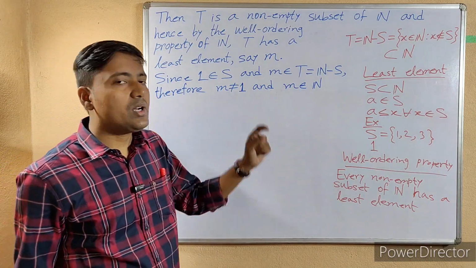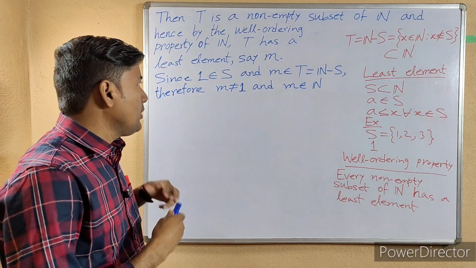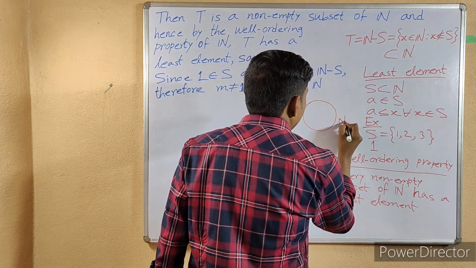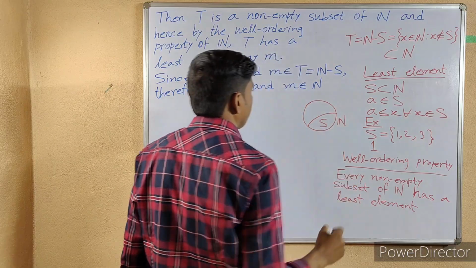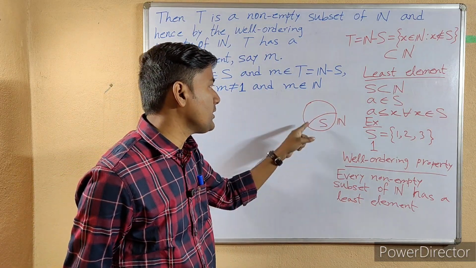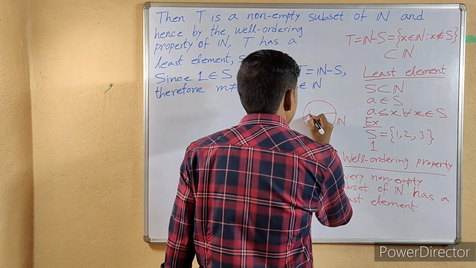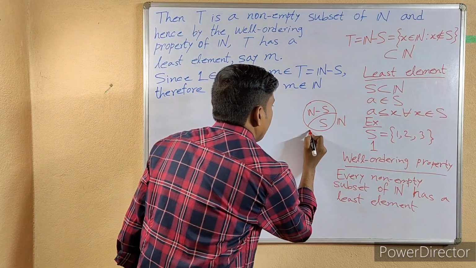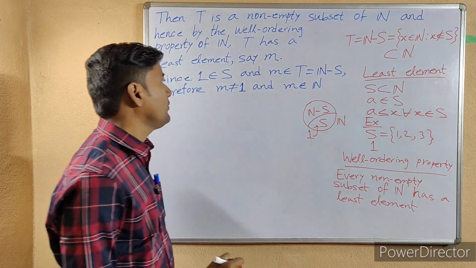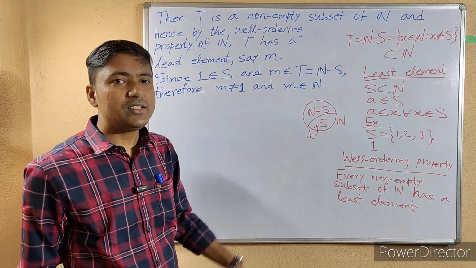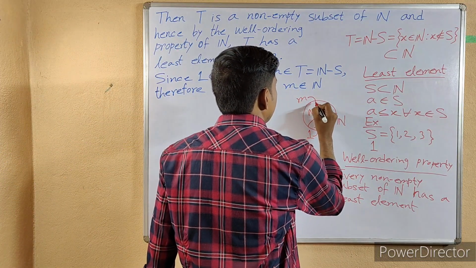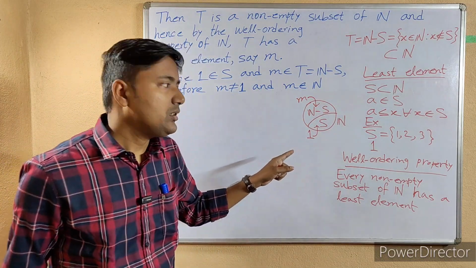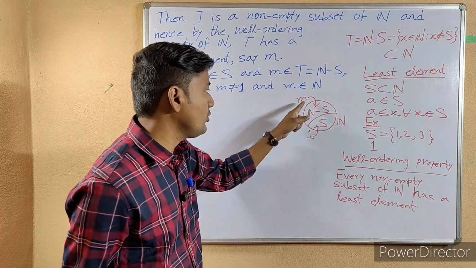Can we say this? m not equal to 1 and m belongs to N. Suppose this is N and this is S, so this is N minus S. We have 1 belongs to S and m belongs to N minus S. Clearly 1 belongs to this and m belongs to this, so m not equal to 1.